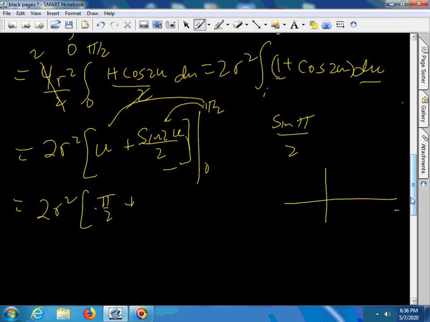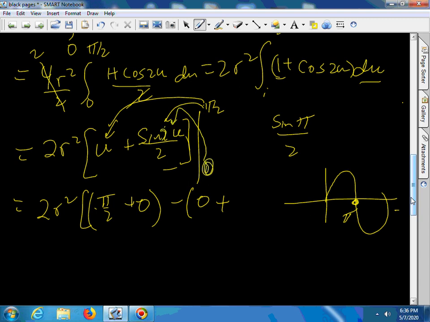You need to know your sine graph. Pi is right there. That's 0, plus 0. Minus, now I plug in u is 0. Well, if u is 0, that's 0 plus 2 times 0 is 0, and the sine of 0 is 0.